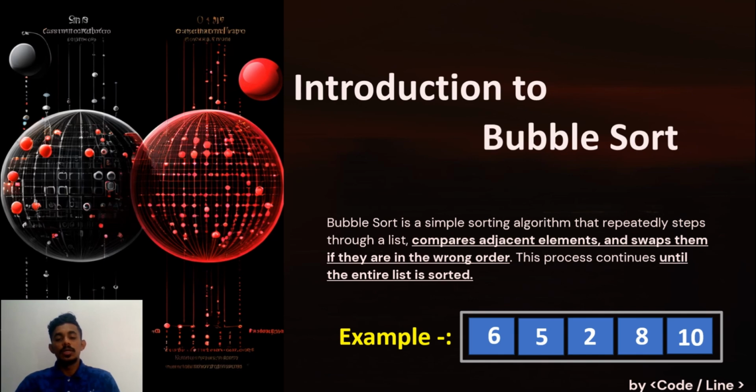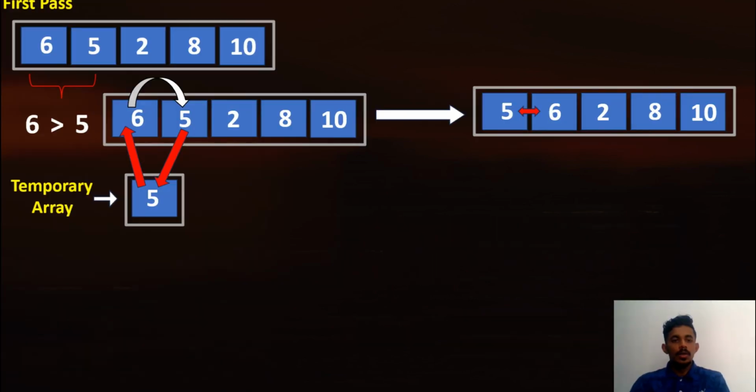So let's see how this example works. Here there are passes: first pass, second pass, third pass. In each pass we change the numbers toward ascending order and check until the array is sorted.